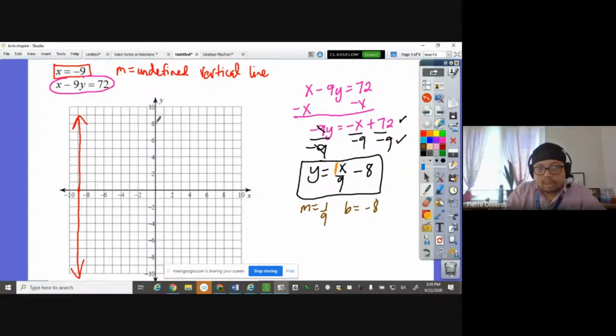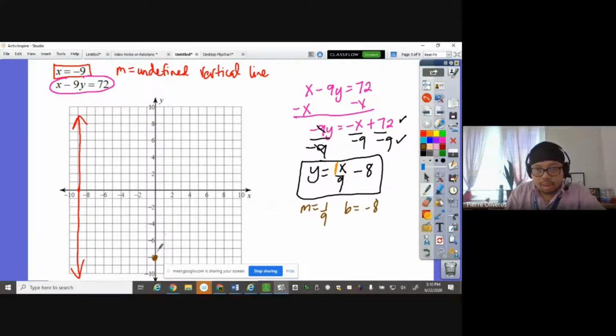So I'm going to start at negative 8 here, and the slope is 1 over 9. Let me check: negative 72 divided by positive 1 over 9, that's right. X equals negative 9, that's right.